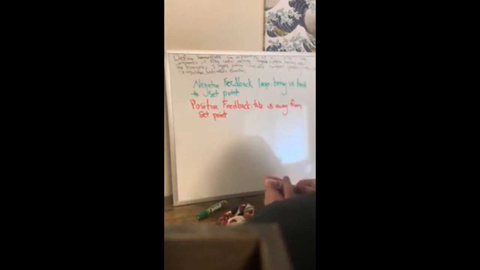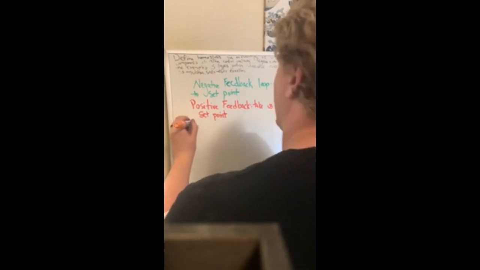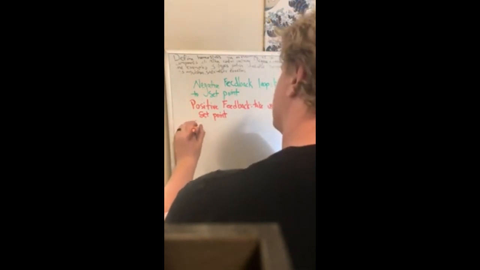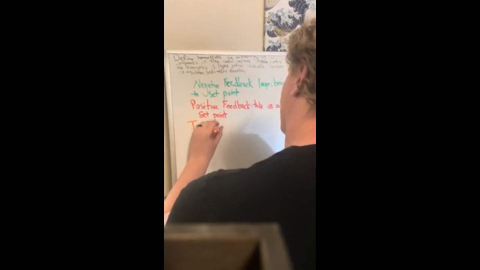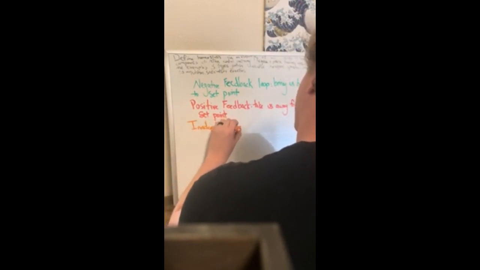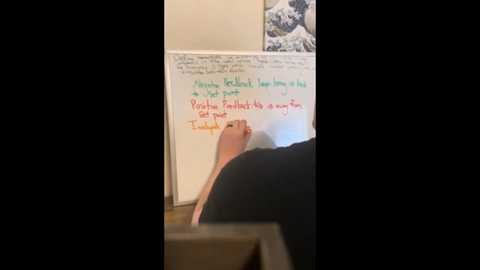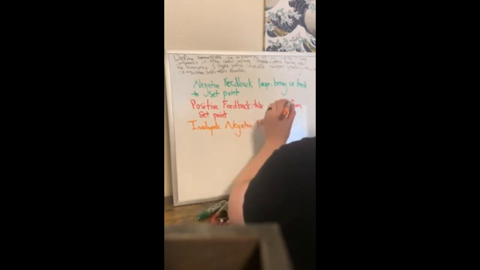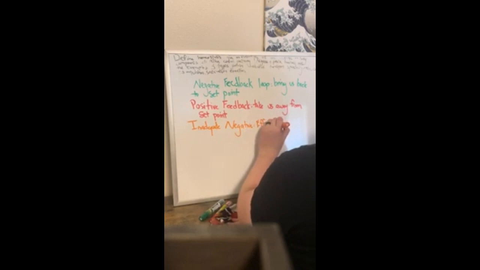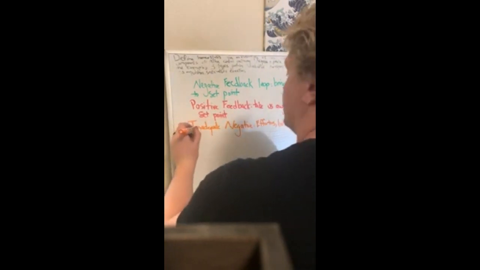We also have another pathway called inadequate negative. It's a subcategory of positive feedback. This is where effectors are working, but it's not enough to bring us back to set point like a negative should.